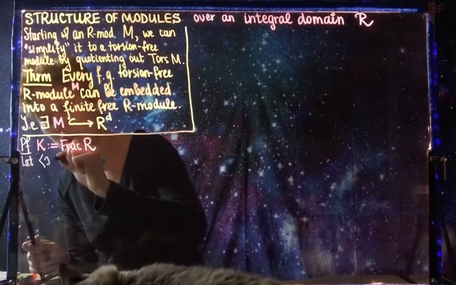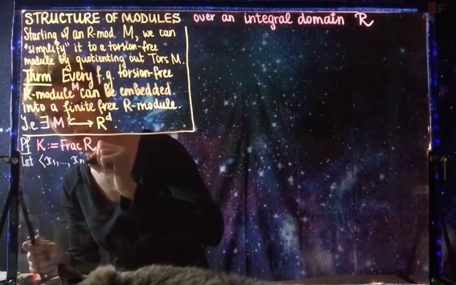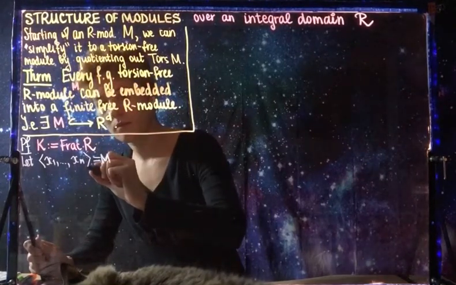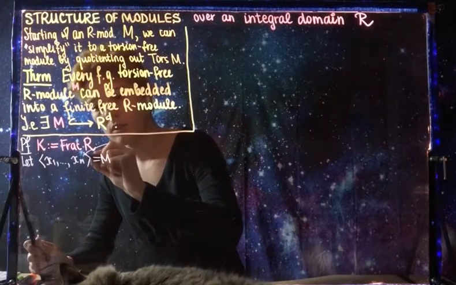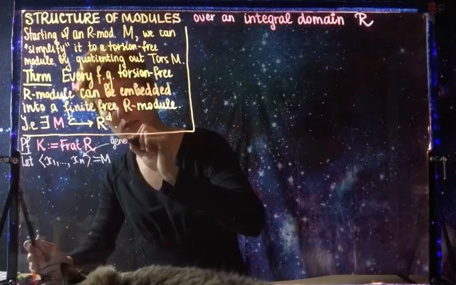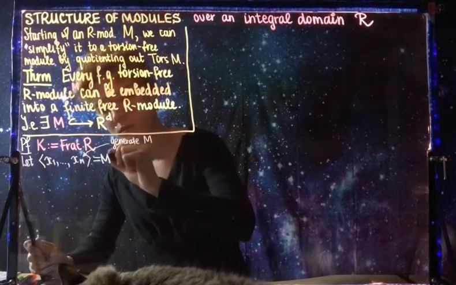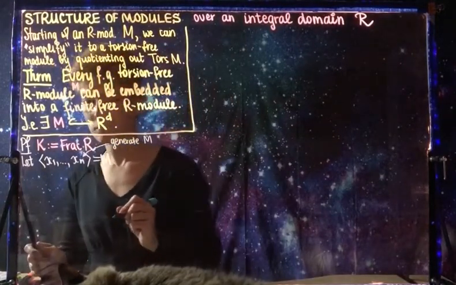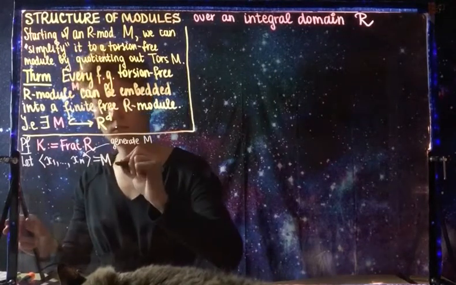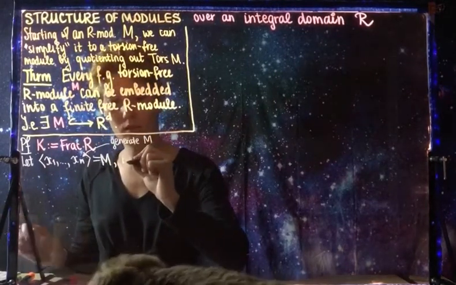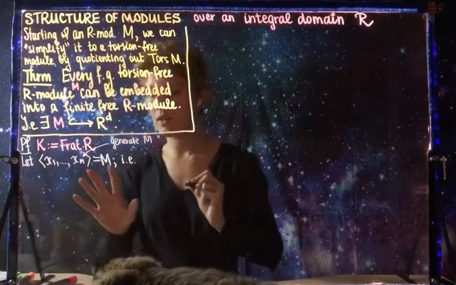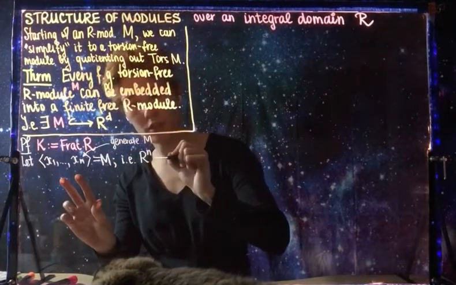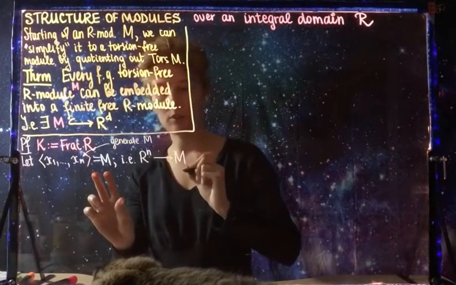So let x1 through xn be a generating set of M. These generate M. And I said that a generating set corresponds to a surjection from some free R module.